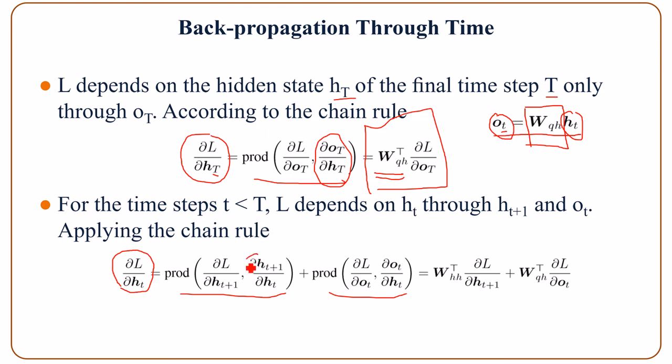Looking at this derivative, the hidden state at time t plus 1 gets contribution from the previous hidden state through the weight matrix W_HH.